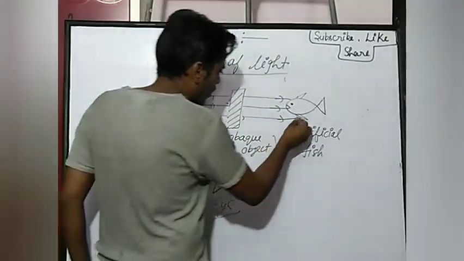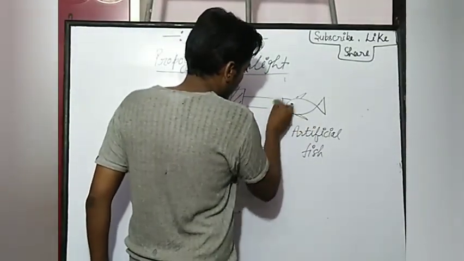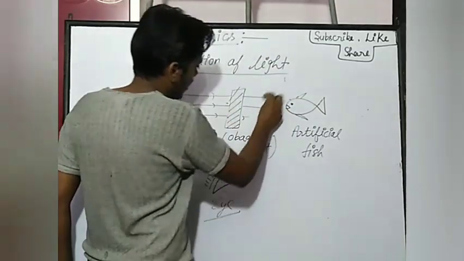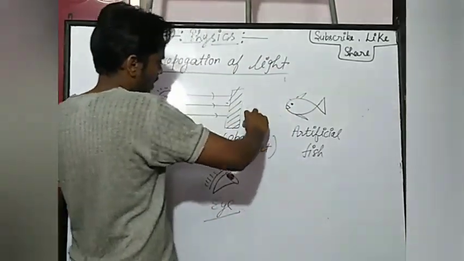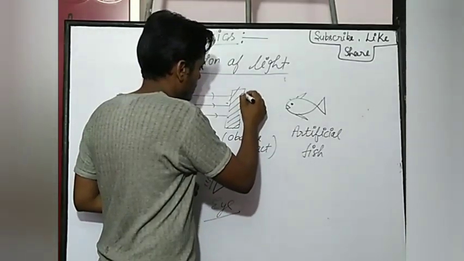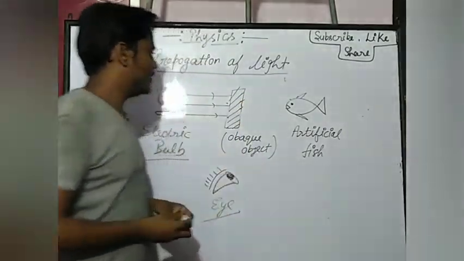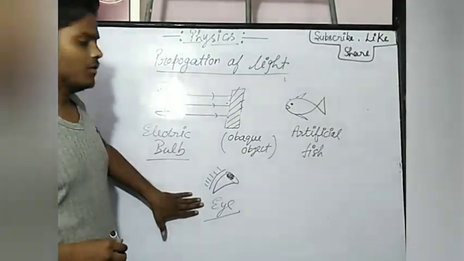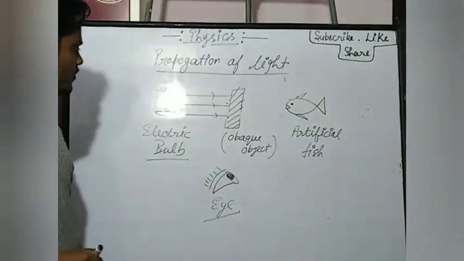It will block the whole ray of light from the other side. Then we will not be able to see this artificial fish.